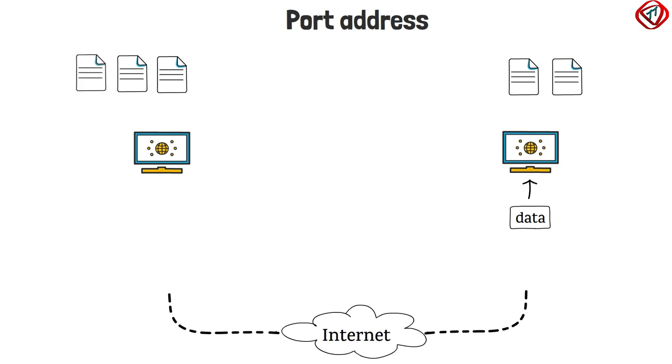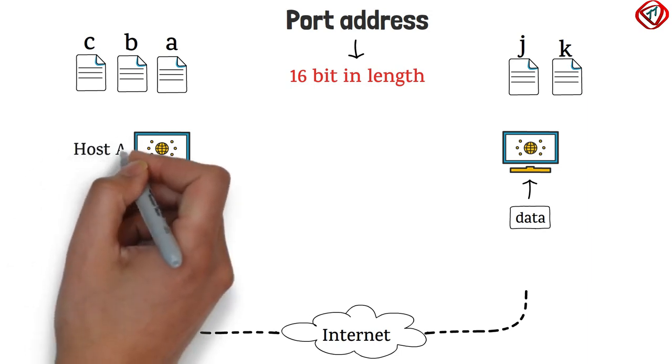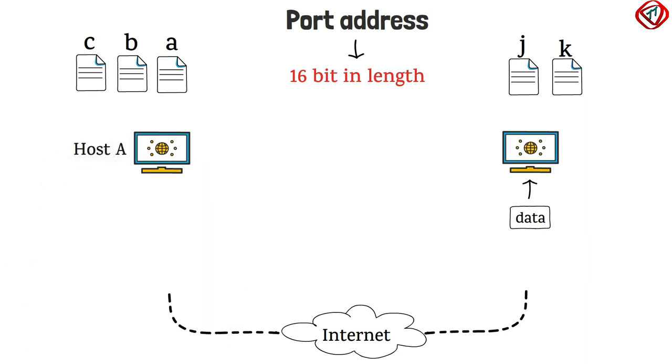For this, each process is assigned a label called port address. Port address in TCP/IP is 16-bit in length. Consider host A is running 3 processes with port address A, B, and C. Host P is running 2 processes with port address J and K.